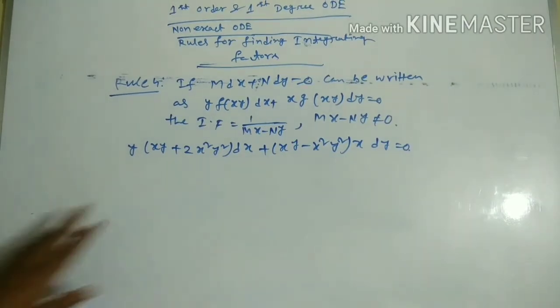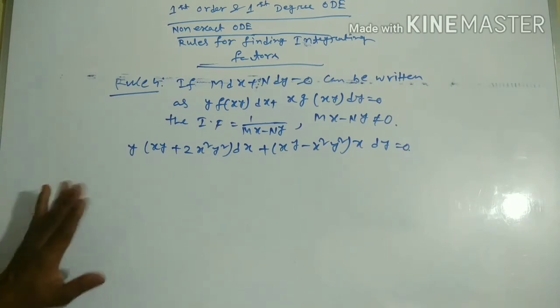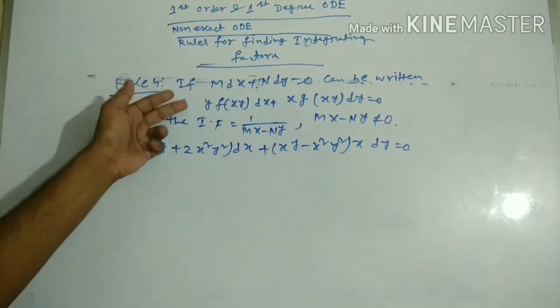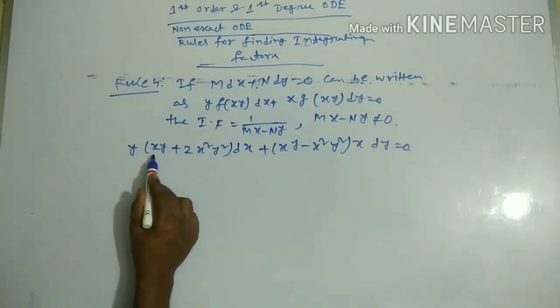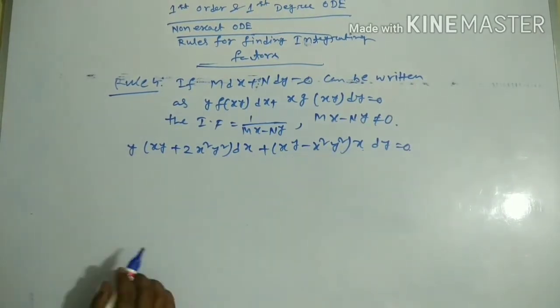Now see that this ODE is in both the form M dx plus N dy equal to 0 and in this form also. y into function of xy, this is a function of xy, and this is a function of xy, x into this.